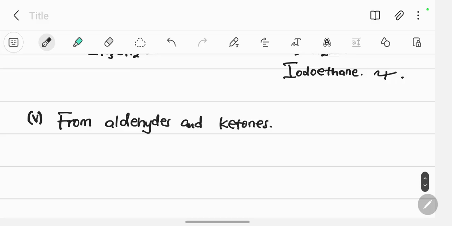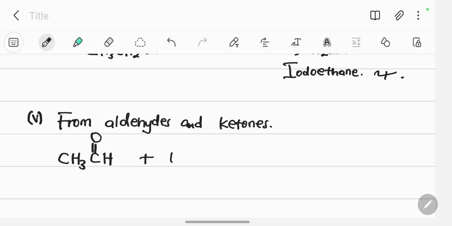How do you prepare alkyl or halogen alkanes from carbonyl compounds? An example is CH3, carbon double bond O, and the hydrogen is there.